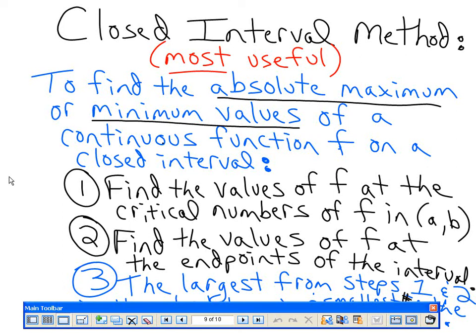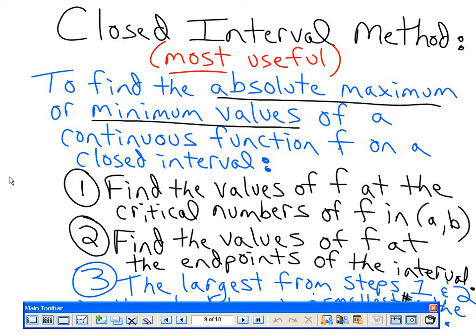That's step 1. Step 2, you have to check the endpoints. Whatever your interval is, if your interval is a to b, then you've got to check a and b and plug those into the original function and see what the y value is. See if it's really high or really low. That'll be a possibility as to whether it's the highest or lowest.